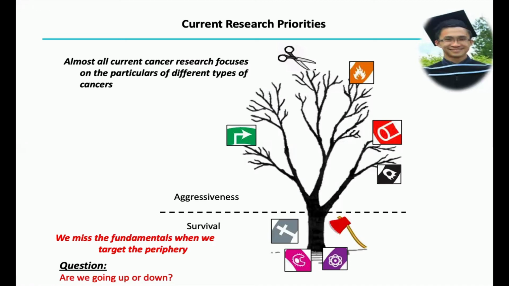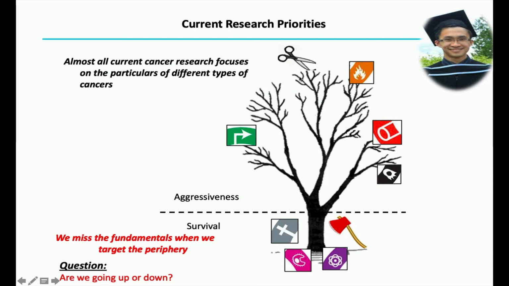We are going up like this tree demonstrated here. For example, we know prostate cancer, and later on we know prostate adenocarcinoma and neuroendocrine carcinoma. Now we know even a double negative, a submolecular type, which could be very useful.